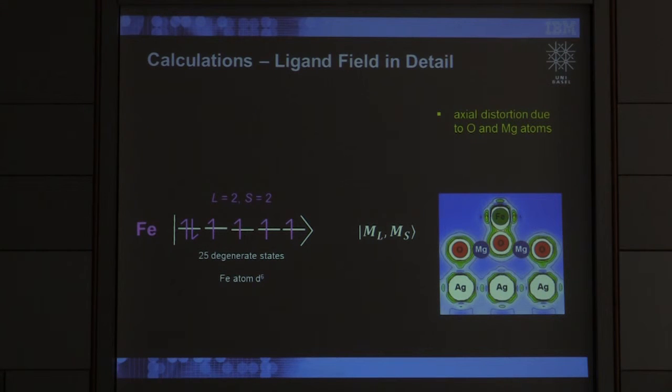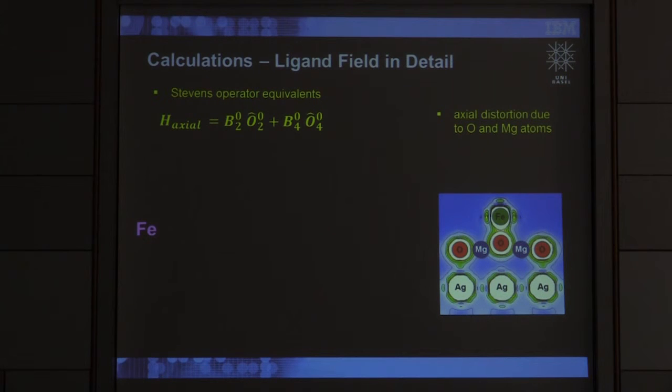Now, first we want to look at the influence of the axial distortion that's basically due to the oxygen and the Mg atoms. So there's two terms that we have to include here. The first one is proportional to Lz squared, and the second one includes also some L squared, but mainly Lz to the fourth.